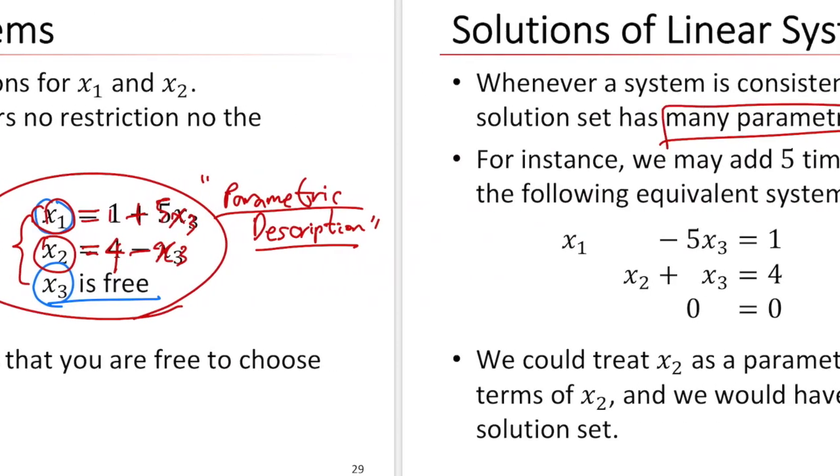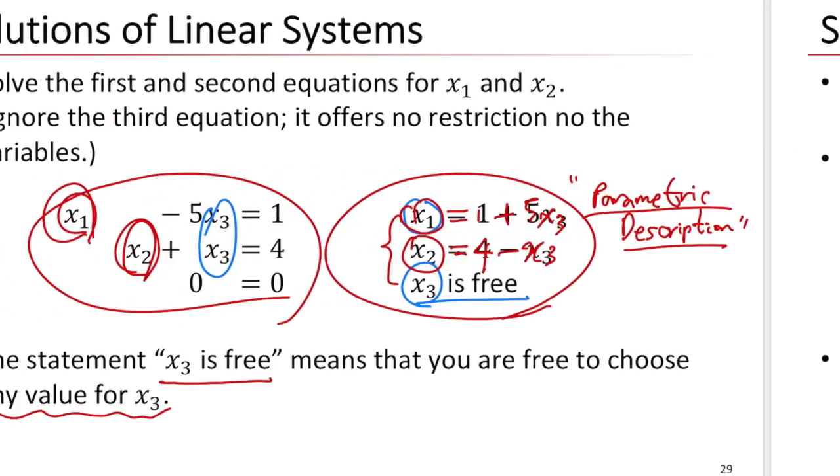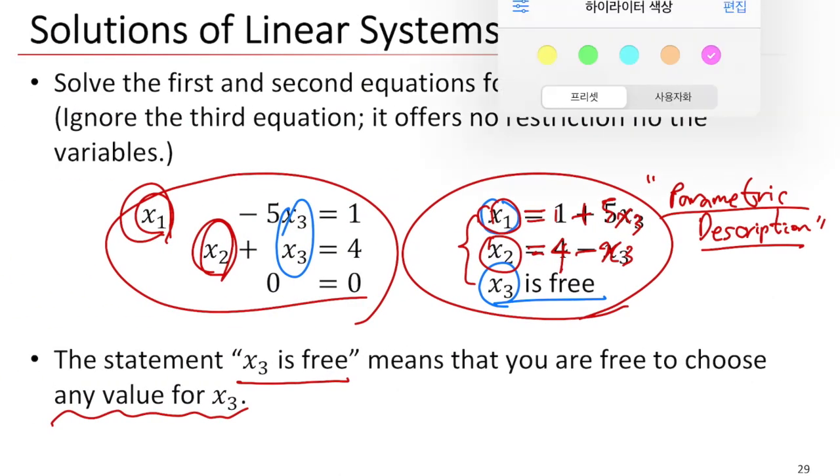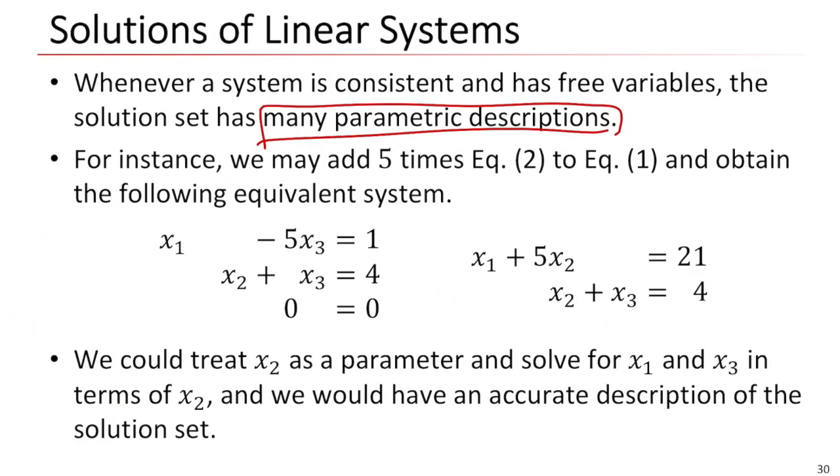Okay, this is a parametric description, but actually this parametric description is not unique. I mean, there can be many kinds of parametric descriptions of a single linear system. What does that mean? Okay. Here is the same example like this.